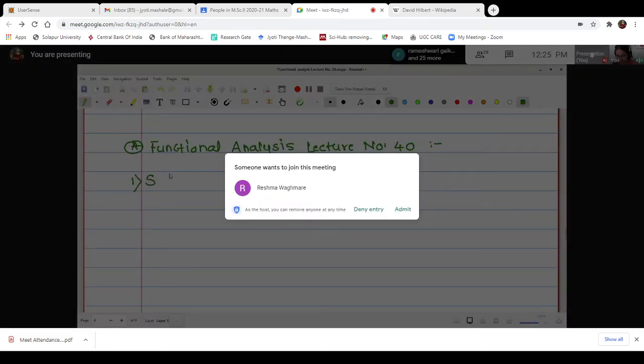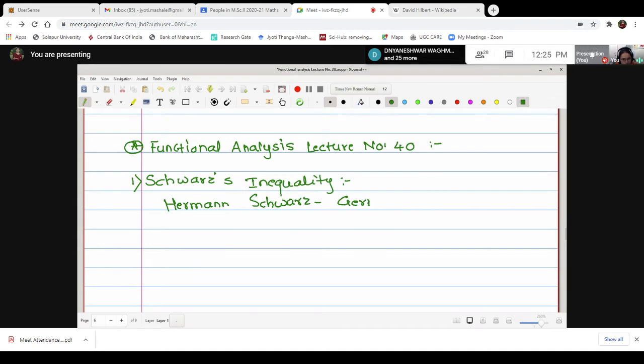First point of today's lecture: Schwarz Inequality. Actually, the Schwarz Inequality will help us to derive many theorems in Hilbert spaces. This inequality was proved by a German mathematician, Hermann Schwarz. He was a German mathematician.